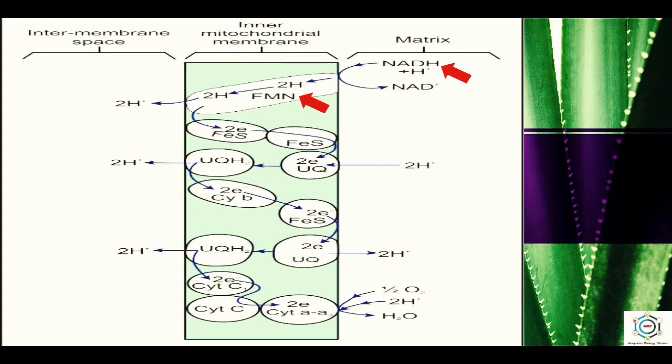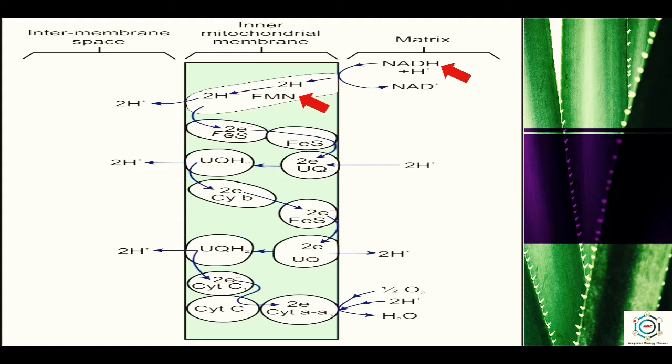The FMN gets reduced to FMNH2 and the coenzyme NADH plus H plus gets oxidized to NAD plus. So oxidation of NADH occurs by the complex 1.